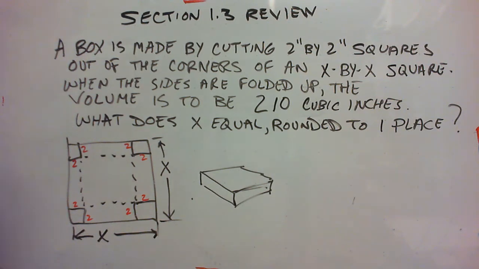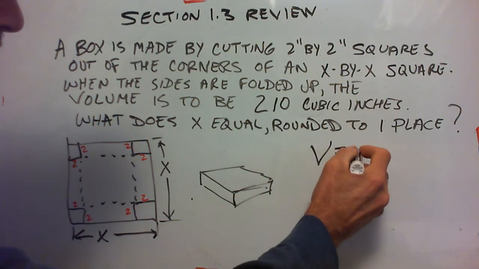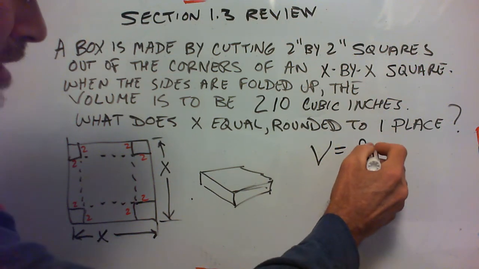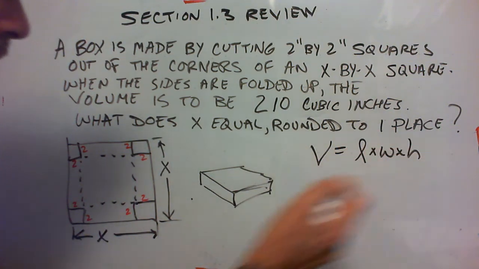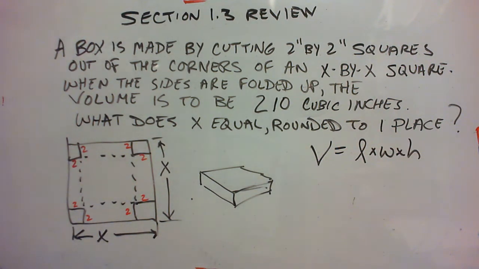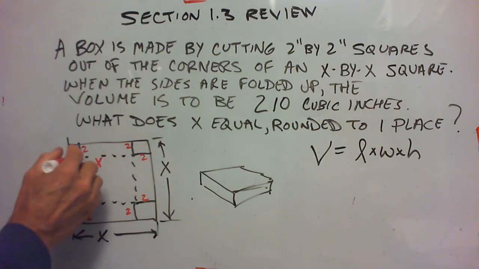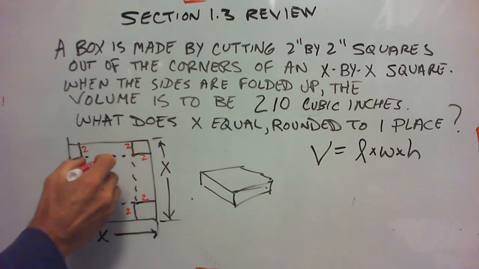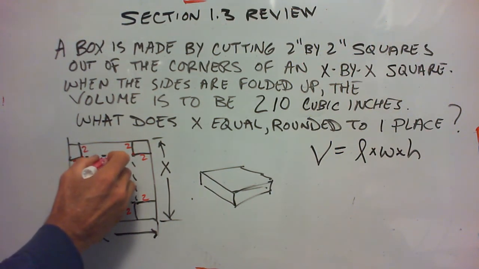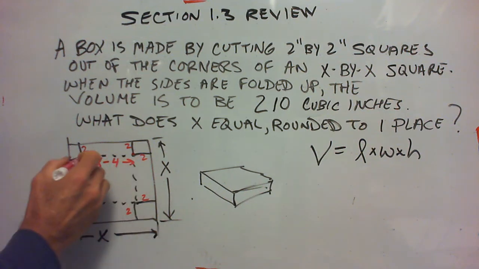So to do this, we use the formula volume equals length times width times height of a box. Since our cardboard is x and we're taking 2 inches and another 2 inches, this side from here to here is actually x minus 4.